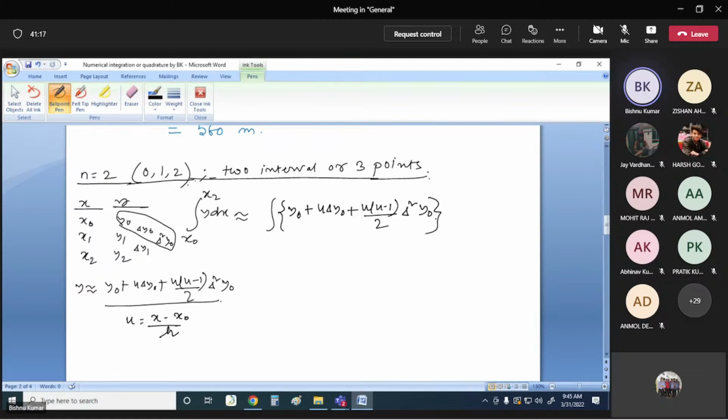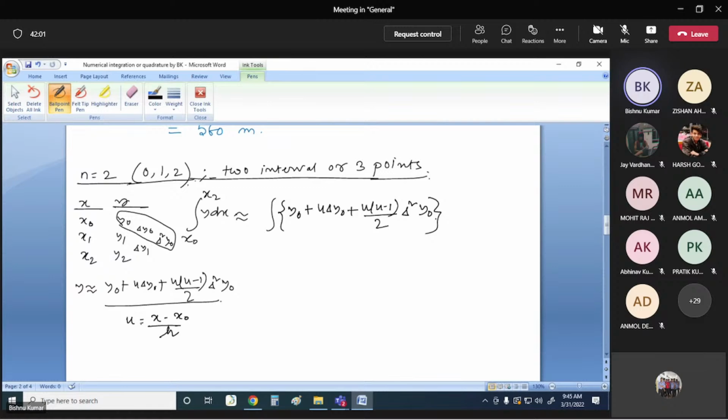If you do this calculation, in place of u, upper limit 2, lower limit 0, it will give you 2y0 plus 2 square by 2 times y1 minus y0, plus 8 by 3 minus 4 by 2, divided by 2, times del square y0 which I have written in ordinates, y2 minus 2y1 plus y0.